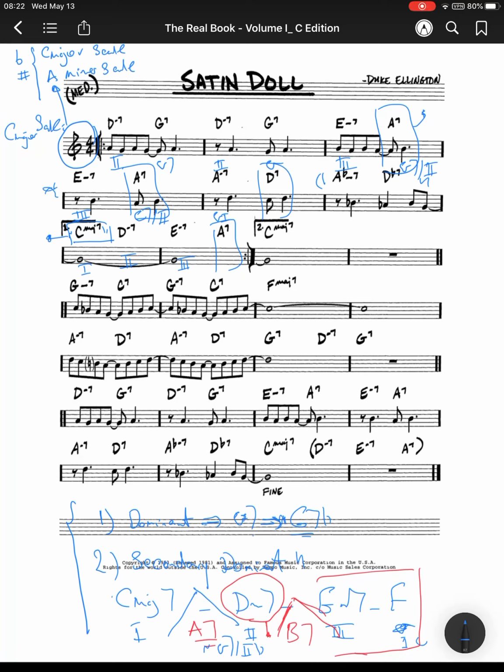That means if we have G7, the dominant of G7 is D7. This is the dominant of the dominant chord. So we can analyze that as a 7th chord, the dominant of the dominant of the 5th scale degree and 5th chord.